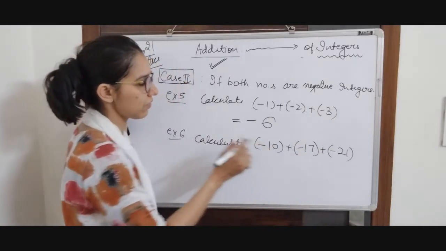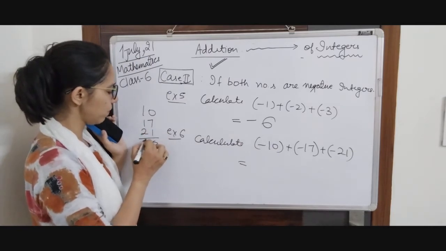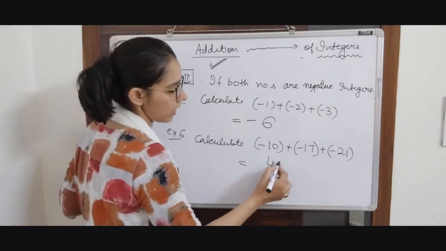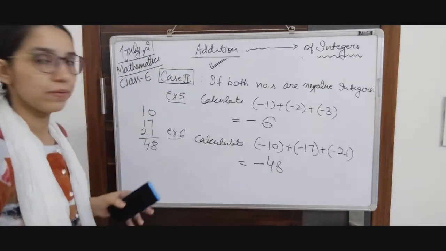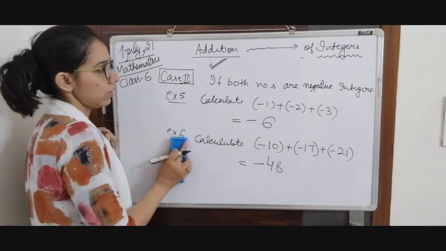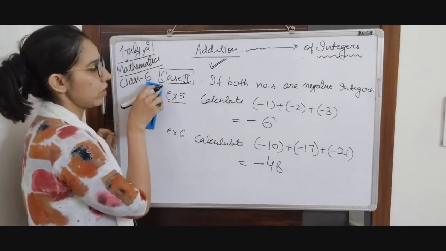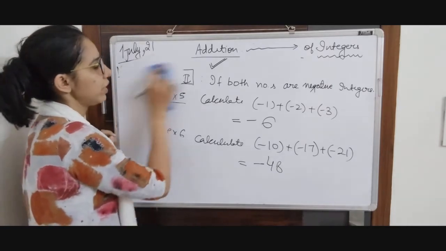So 10 plus 17 plus 21 is going to be 48. And you will keep the sign, that is -48. So this was the case number 2, when both numbers are negative integers.